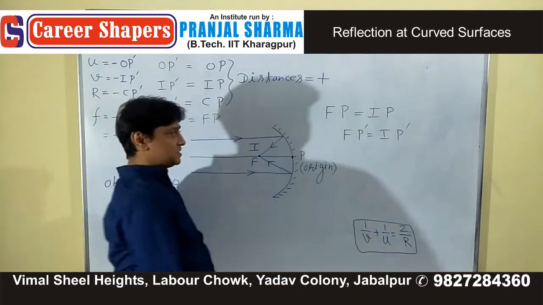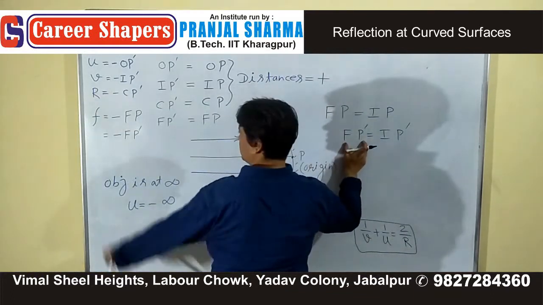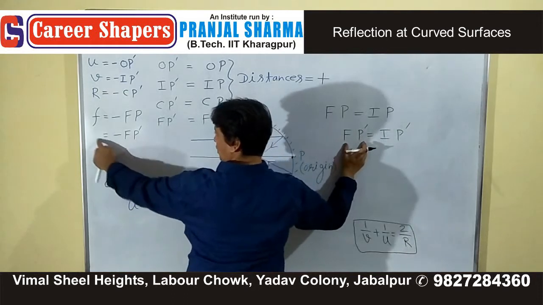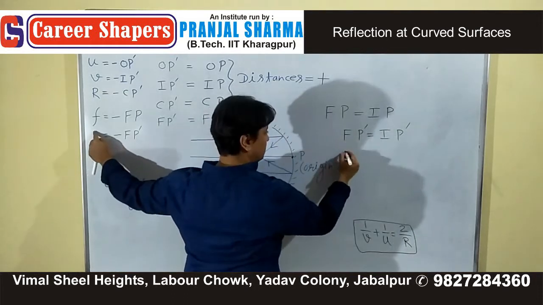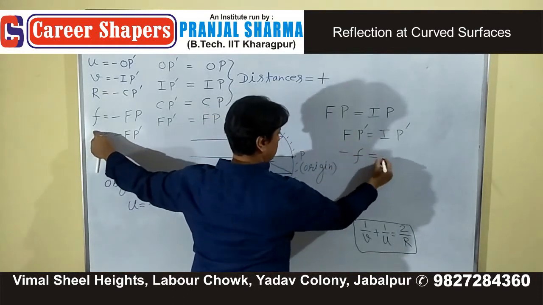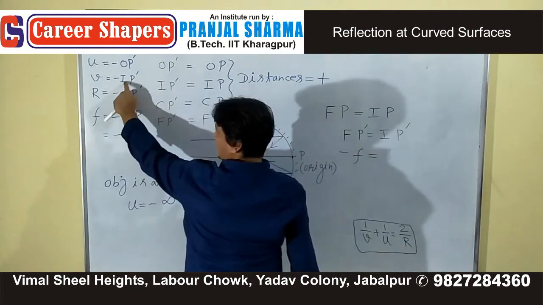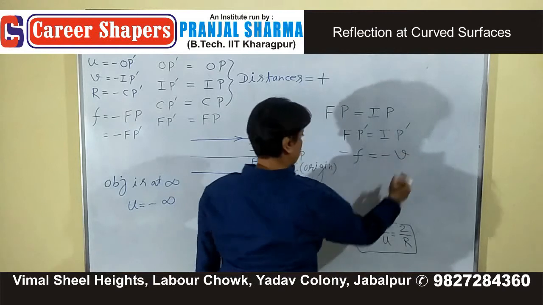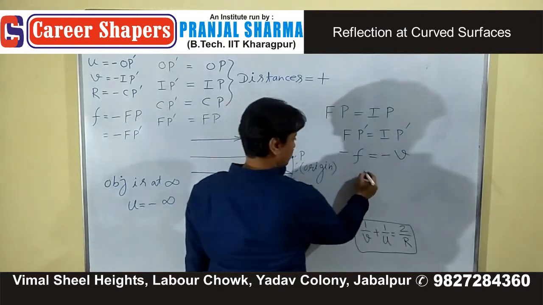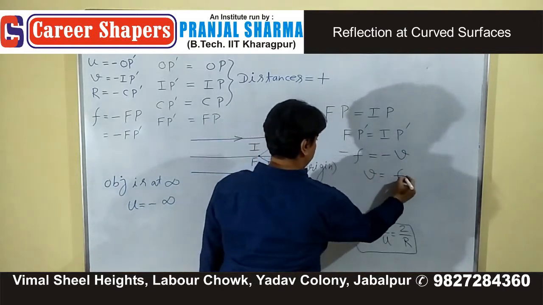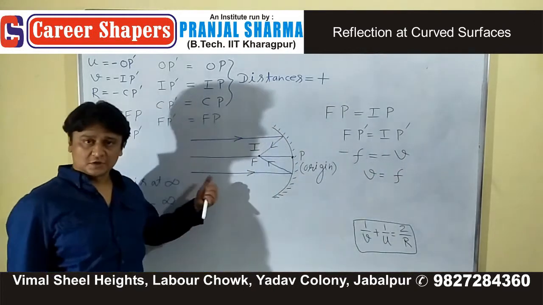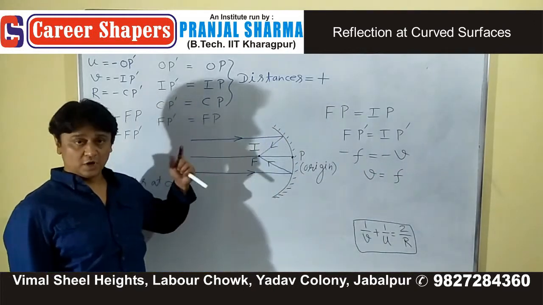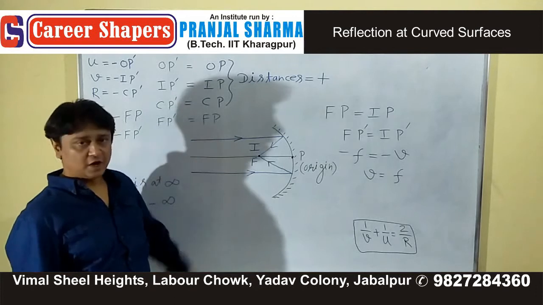Basically what I am saying is this FP dash is what? Minus of F. And what is IP dash? Minus of V. That gives us V as F for this figure where rays are coming from infinity.